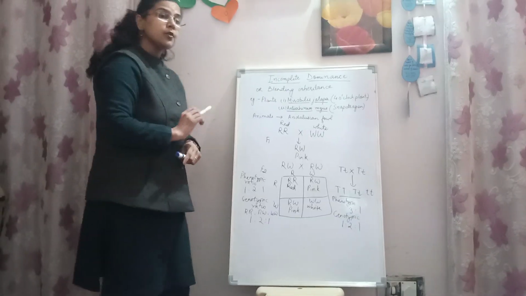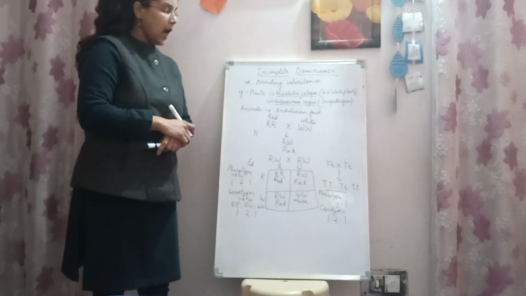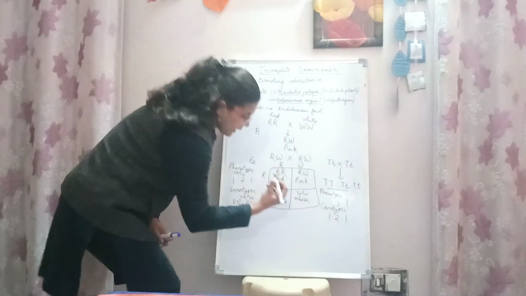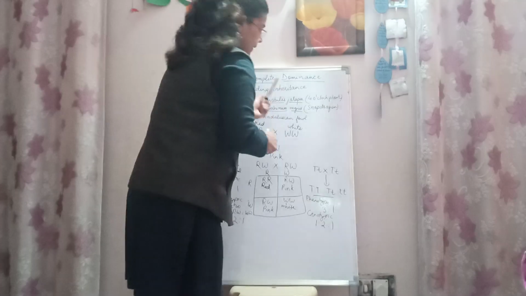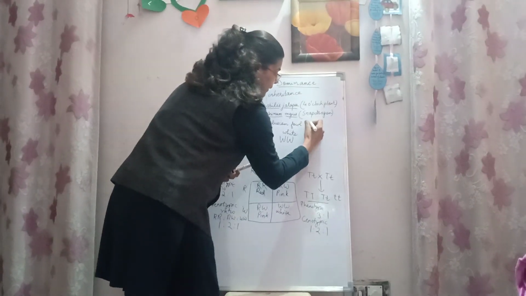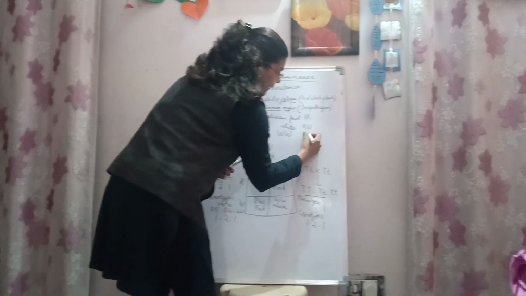Third, this also tells us about the quantitative expression of the gene. How? See, I do it here. हमारे पास 3 genotypes हैं, right?